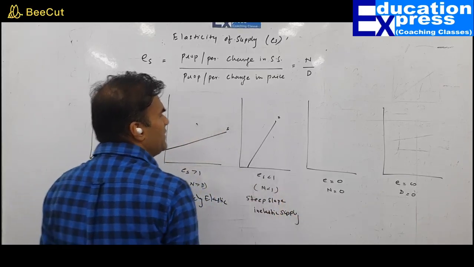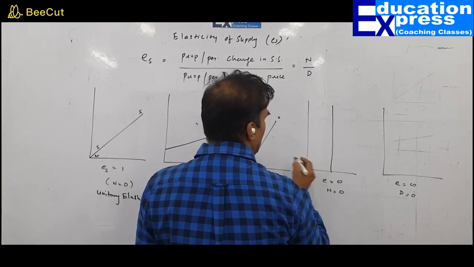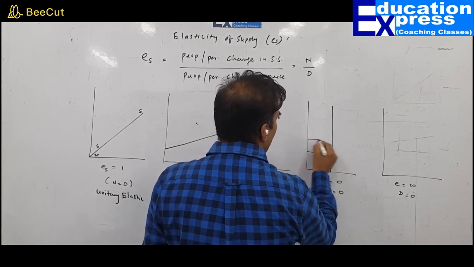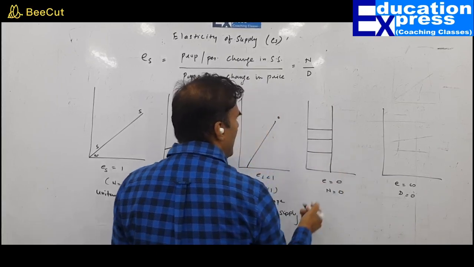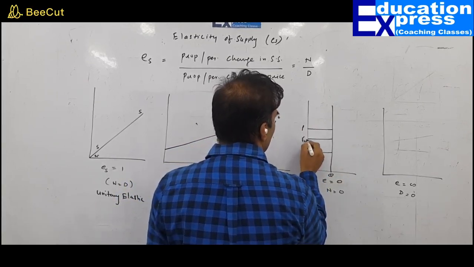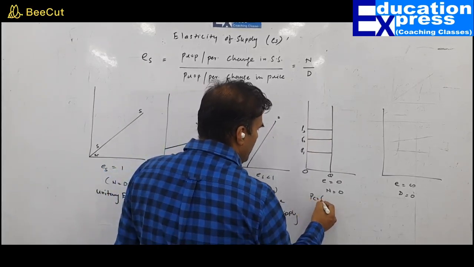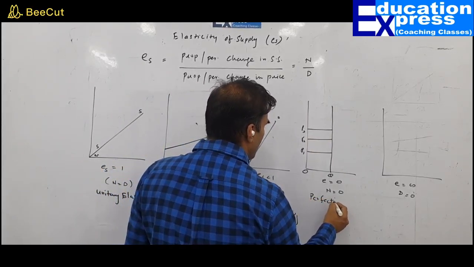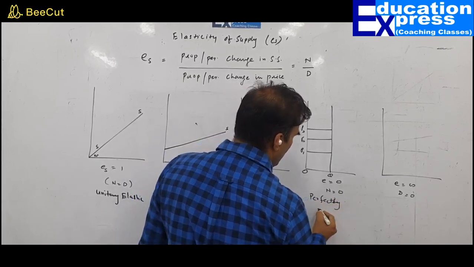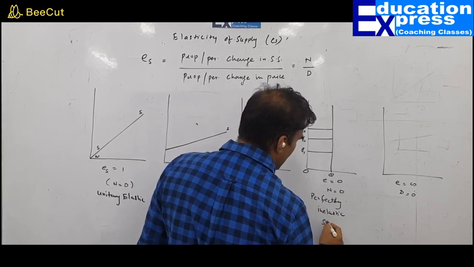So, value of E is available. E is equal to 0. Adamant, rare commodity, masterpiece, painting. Unit price rises, no impact on my supply. Yes, that's how it goes. So we call it perfectly inelastic supply.